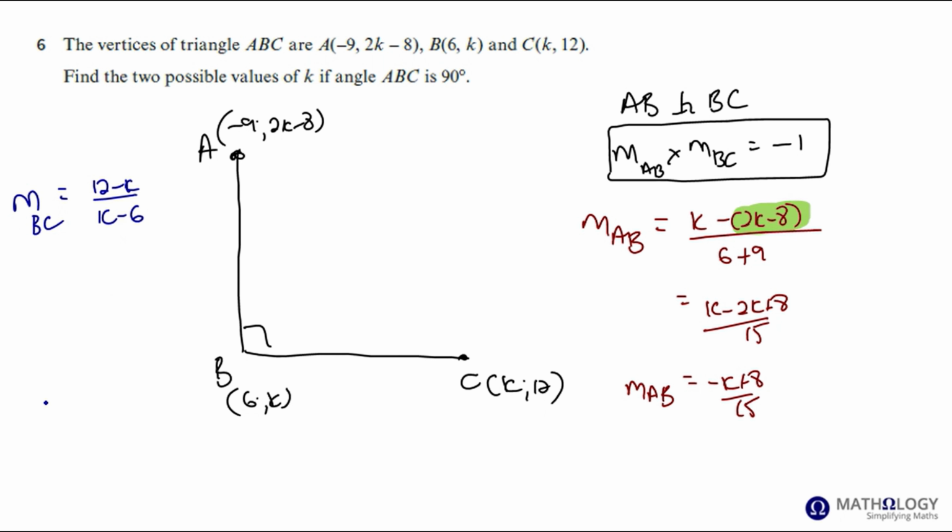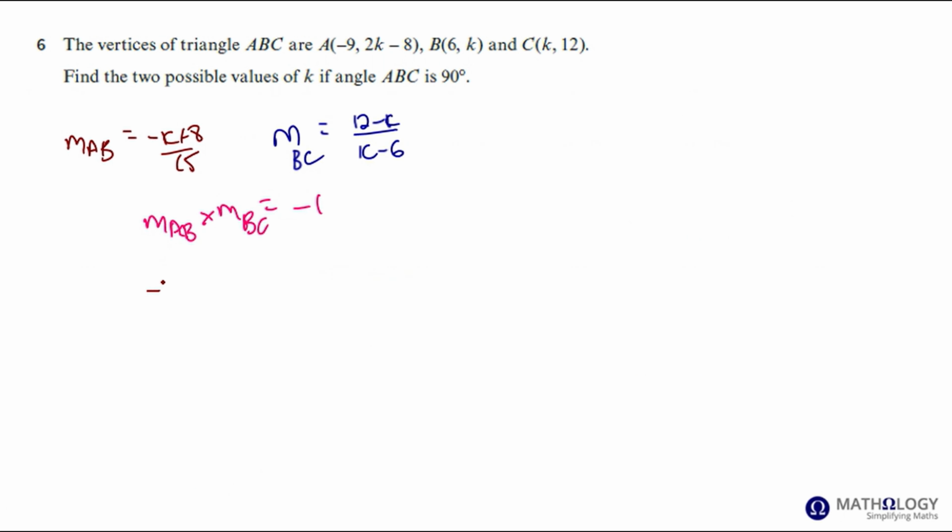And now we know that gradient AB times gradient BC equals -1. So (-k + 8) over 15 times (12 - k) over (k - 6) equals -1.